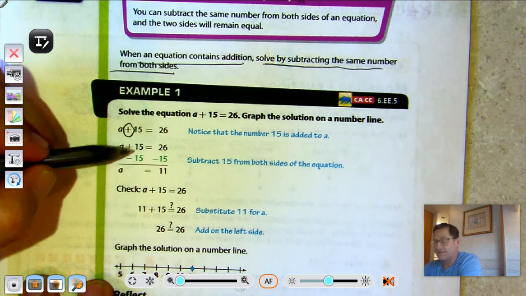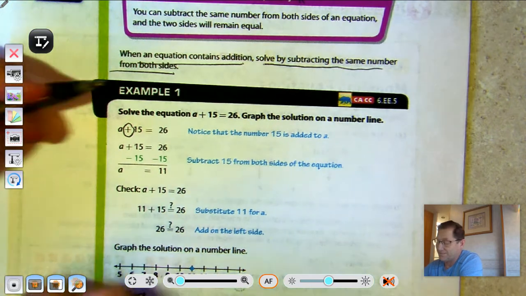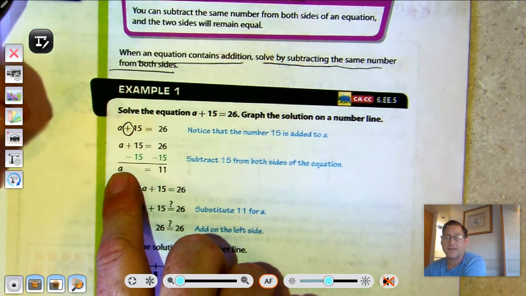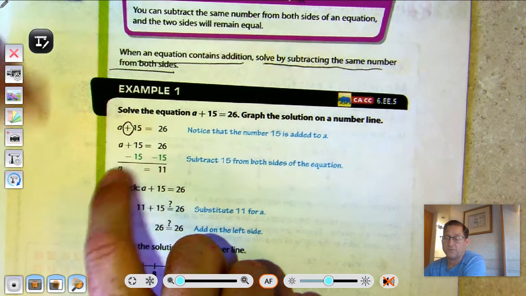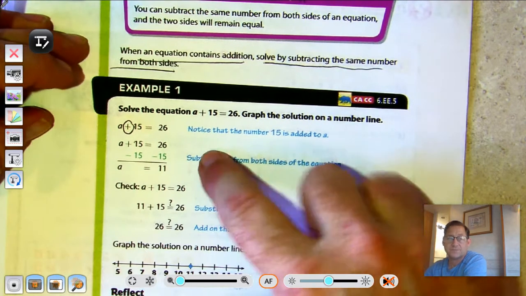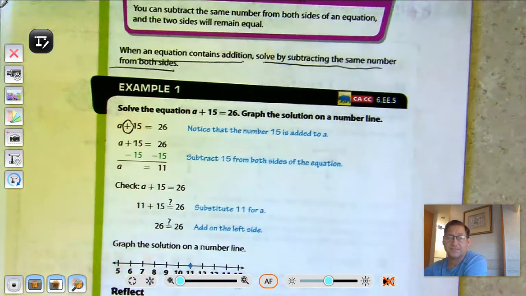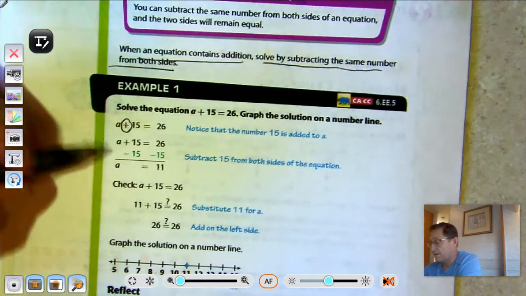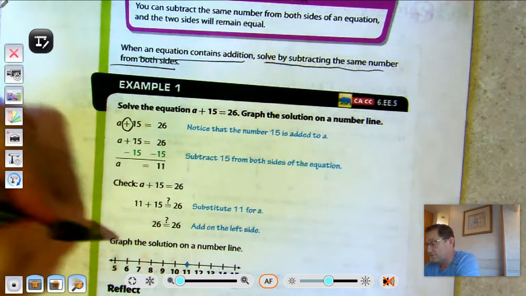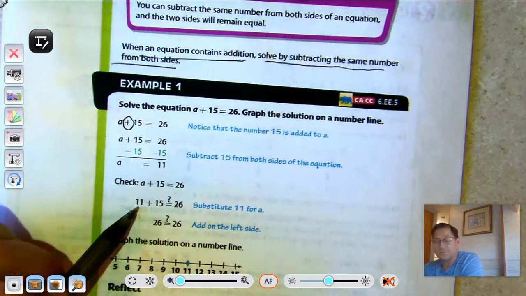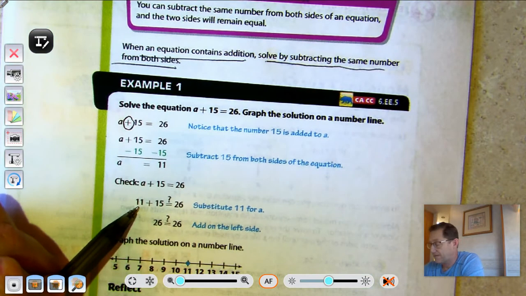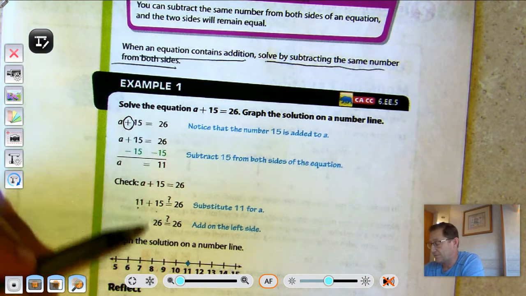If I subtract 15 from 15, that leaves me 0. There's no reason to write that. I'll just say a is by itself now. A plus 0 would just be a. And subtracting 15 from 26 gives us 11. If the answer is 11, we should get a true statement. So let's check. Substitute 11 for a: 11 plus 15, does that equal 26? Yes.